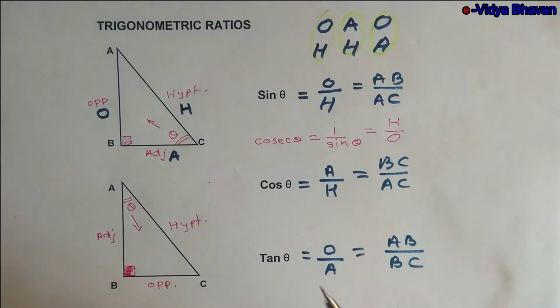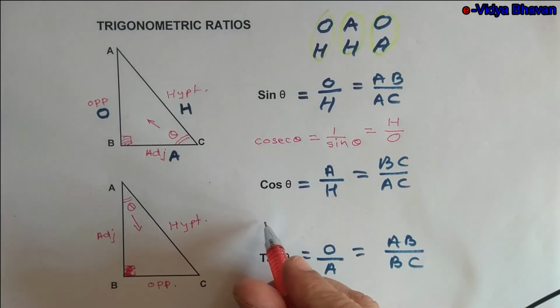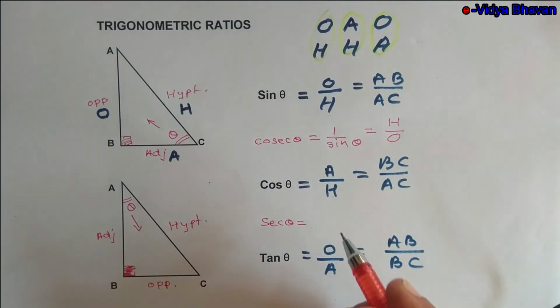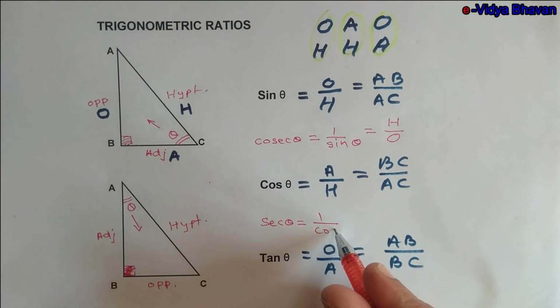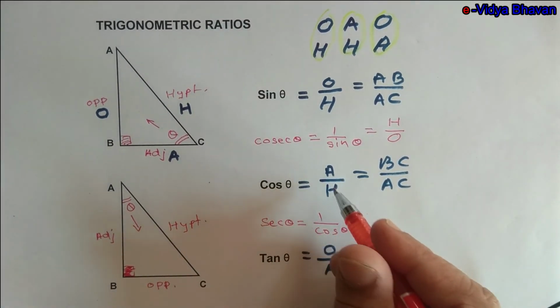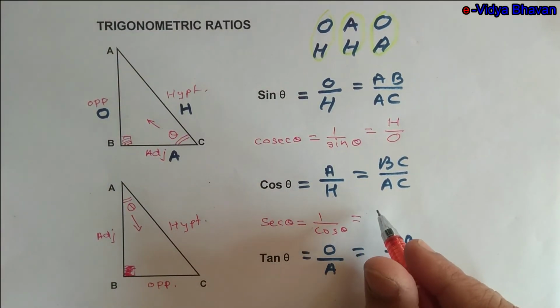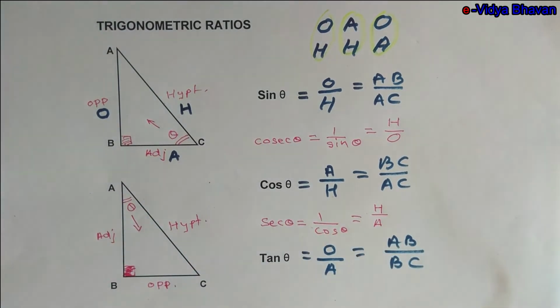In the same way, we have an inverse partner for cos theta. The inverse partner of cos theta is sec theta, equal to 1 upon cos theta. That means A upon H, you have to invert it, it will become H upon A. For tan theta, the inverse partner is cot theta.